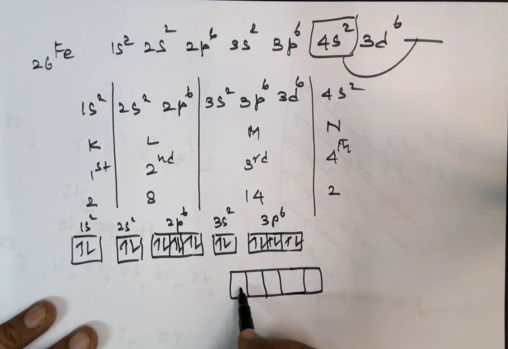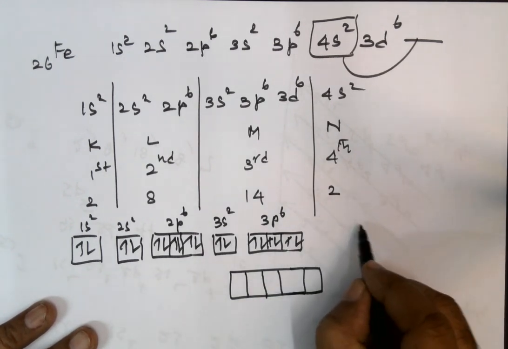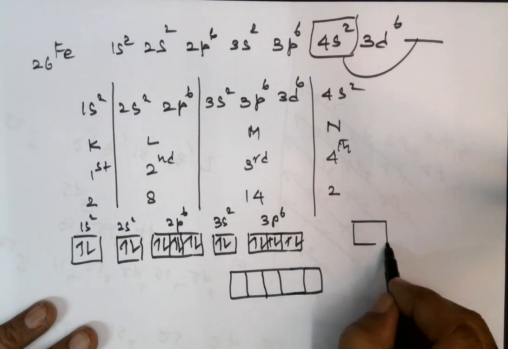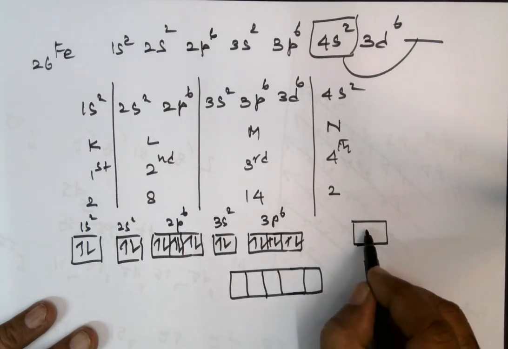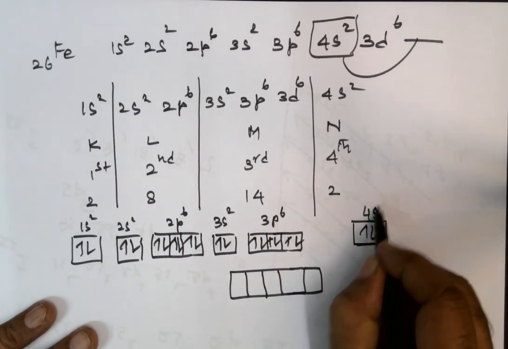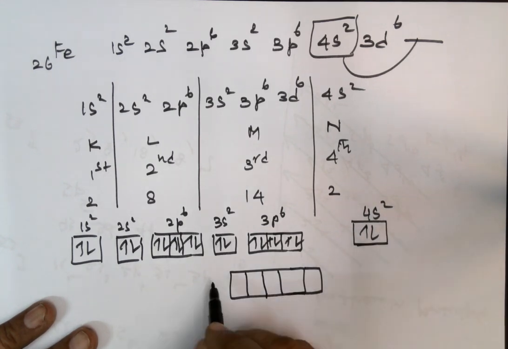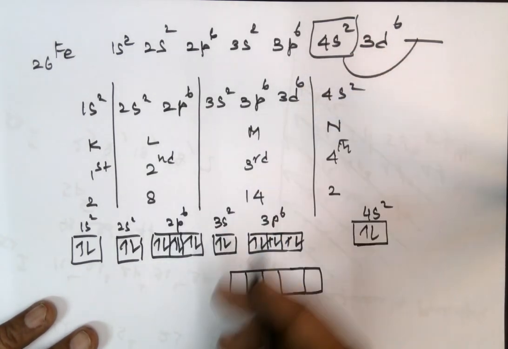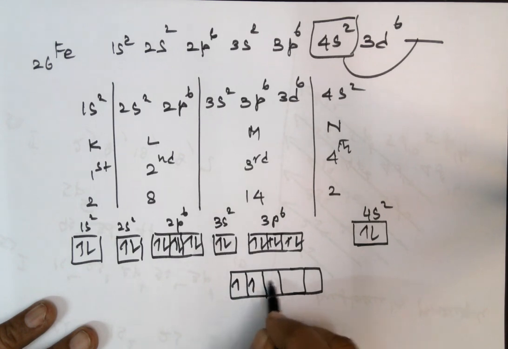And in this case, as I already mentioned here, that is 4s2, is it not? So this is 4s2, it is filled up and then come back to here. So the remaining is only 6 electrons. So you can put 1, 2, 3, 4, 5, 6.